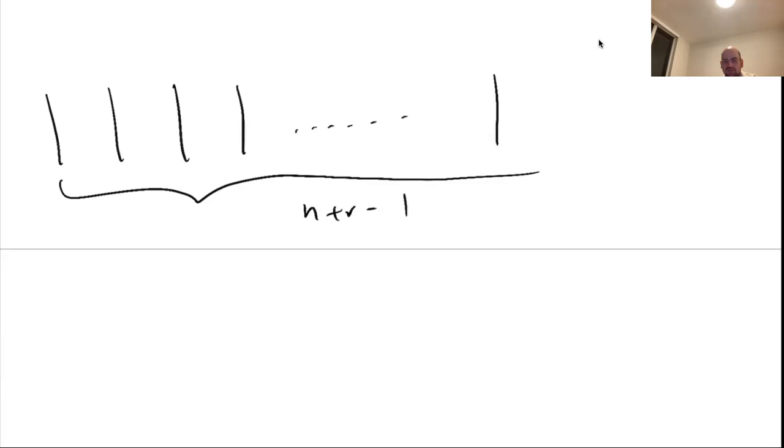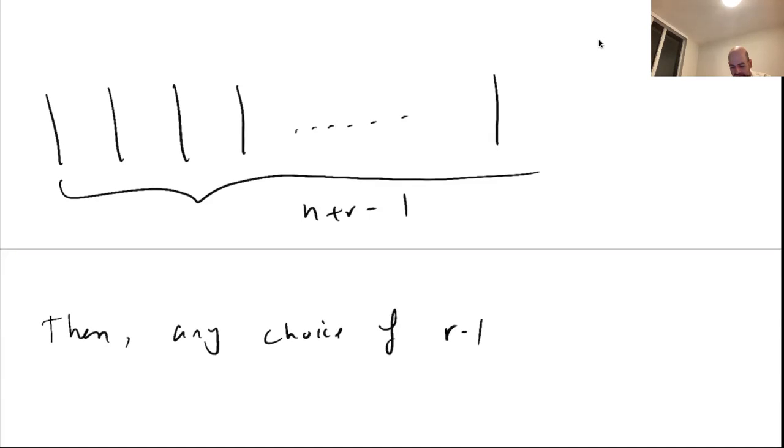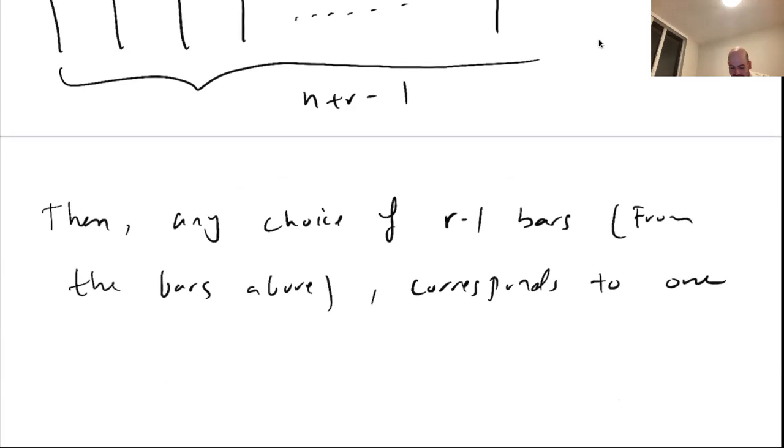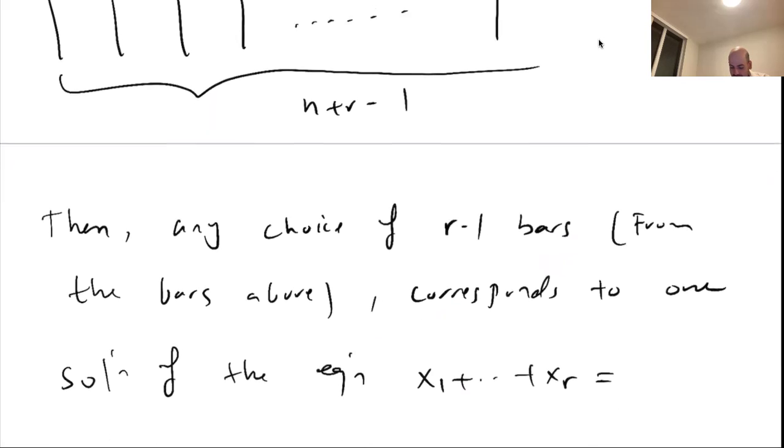If I choose r minus 1 bars out of this many bars, then any choice of r minus 1 bars from the bars above corresponds to one solution of the equation x1 plus all the way to xr equals n.